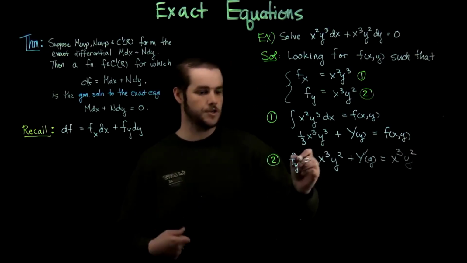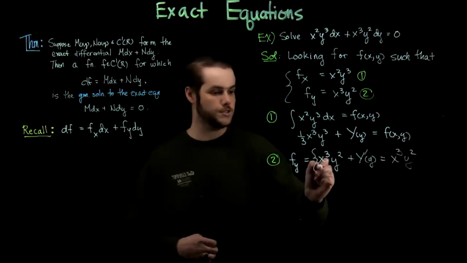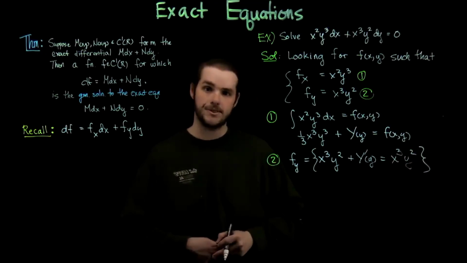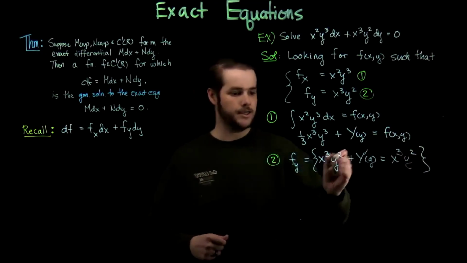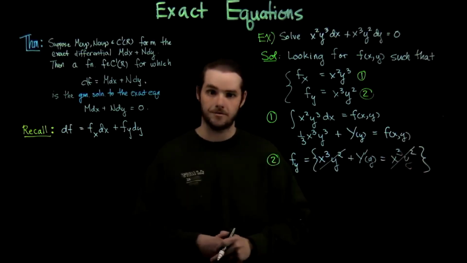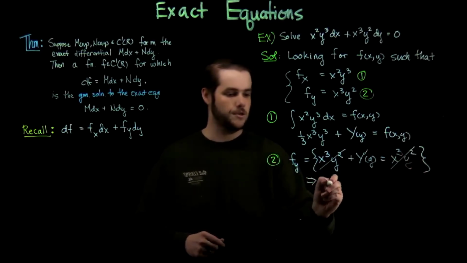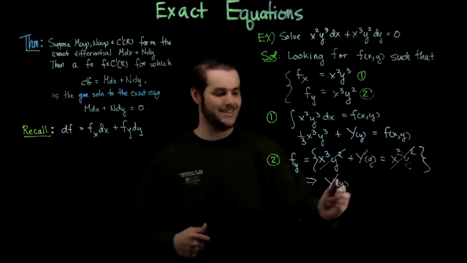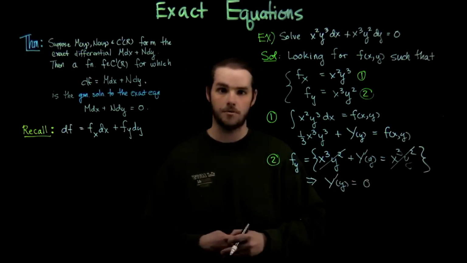So now let's ignore this fy over here and just look at this equation. I can reduce that quite a bit by canceling x cubed y squared on either side, and this just tells me that whatever that function capital Y was, its derivative is 0.